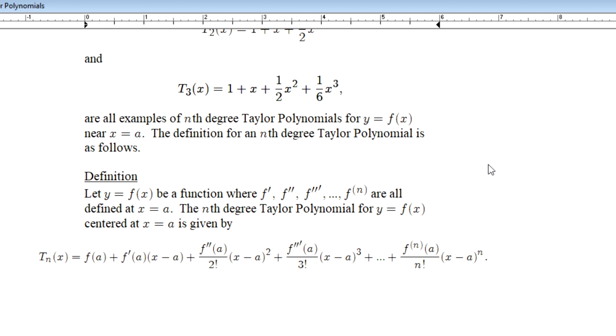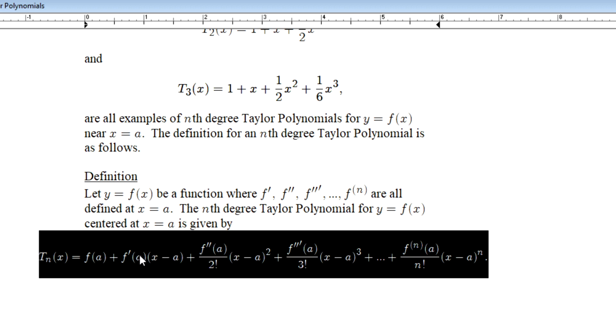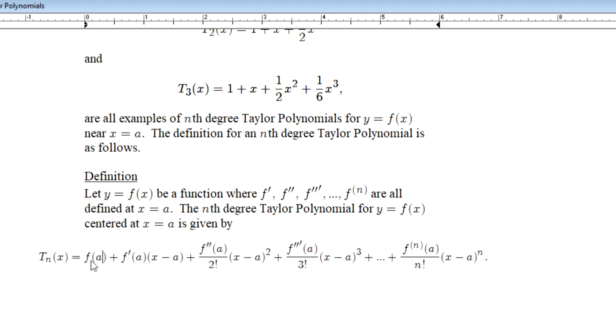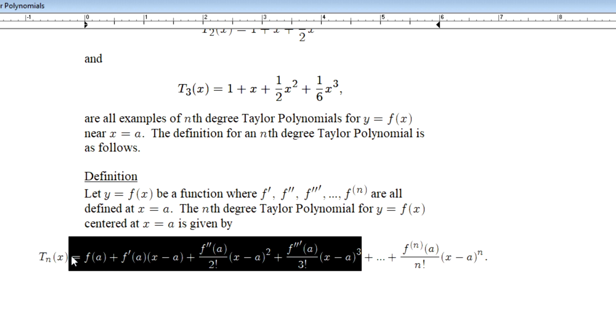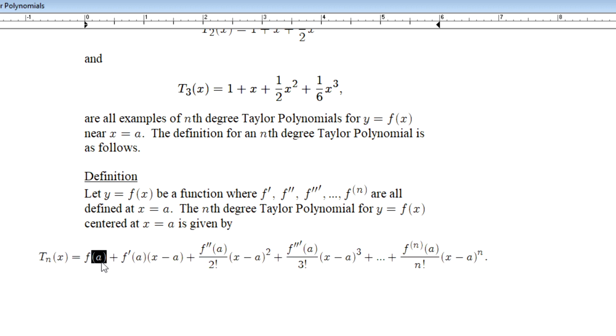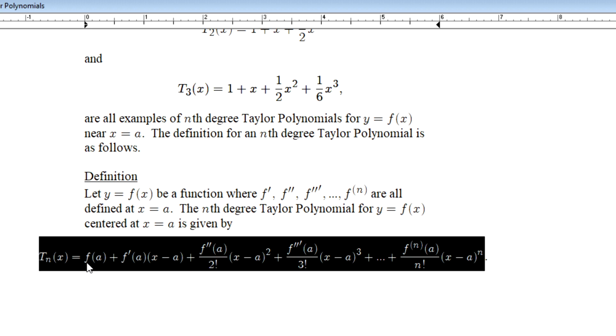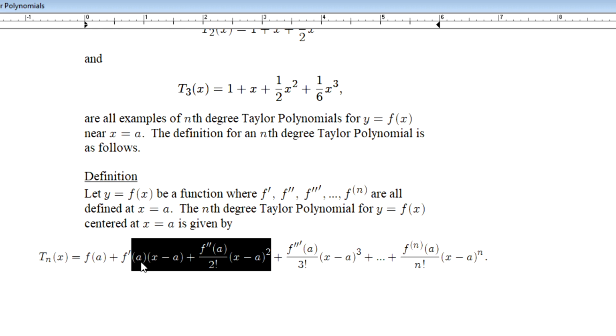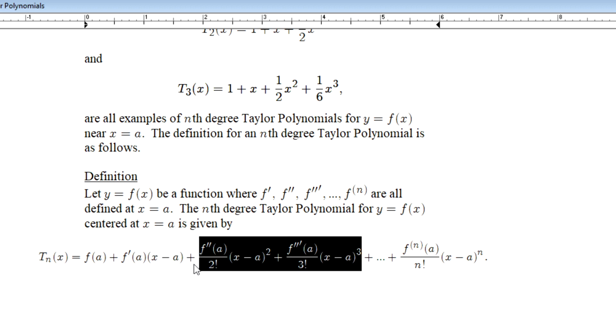It is this value t sub n of x equal to this pattern here, where the first four terms in that pattern describe the 0 degree Taylor polynomial, f of a, the first degree Taylor polynomial that we saw above, the second degree, and the third degree.